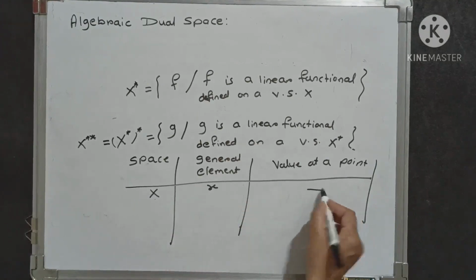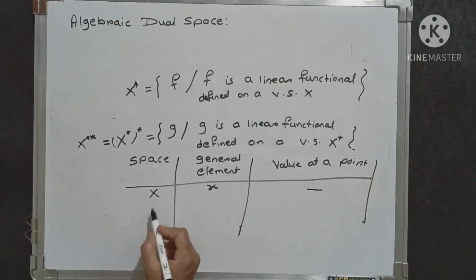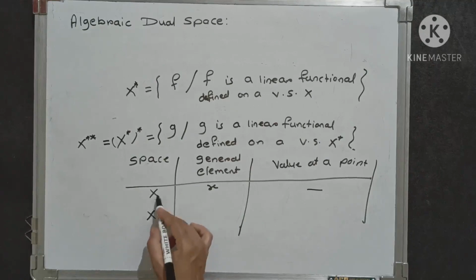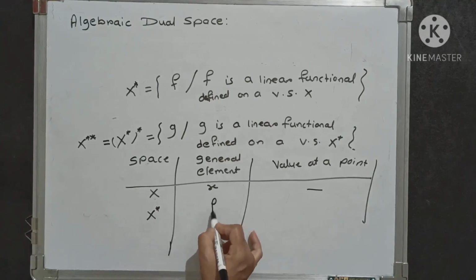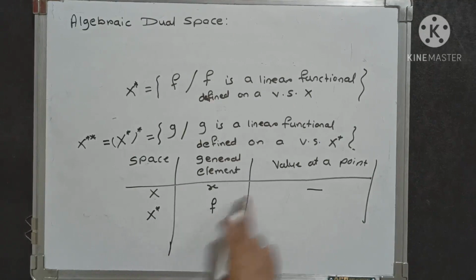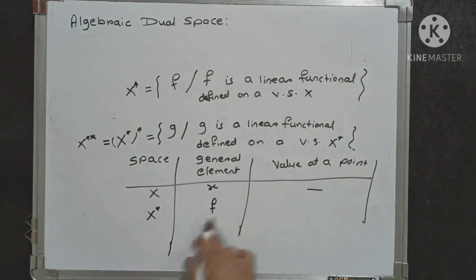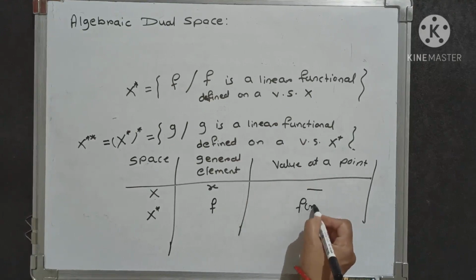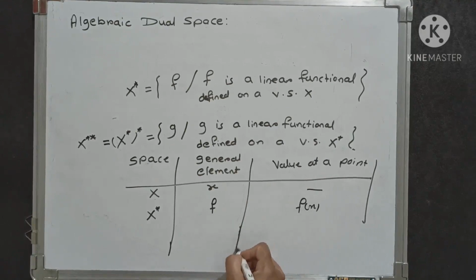It does not have any value. Now we have X star, that is the set of all linear functionals defined on the vector space X. In X star, the general element is f, and the value at a point of f is f of x. This is the value at a point.